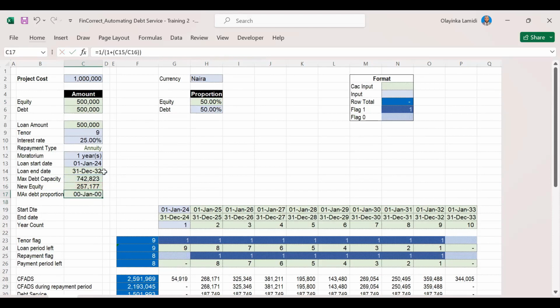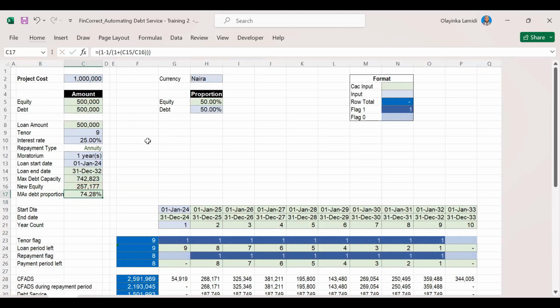Change to percentage. Actually, this gave me 25.72% as the maximum equity proportion. Basically, this is equity, but to convert that to debt, I would just say 1 minus this entire formula, then close bracket. So my maximum debt is actually 74.28%.